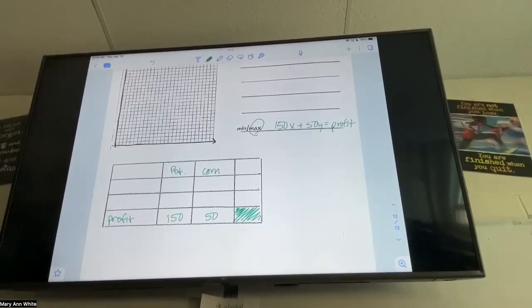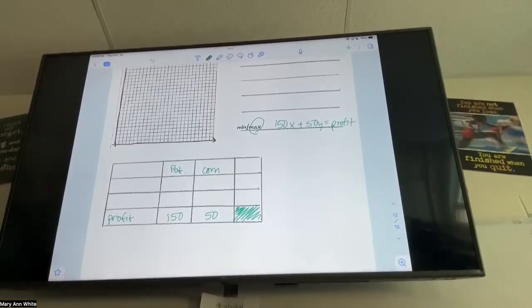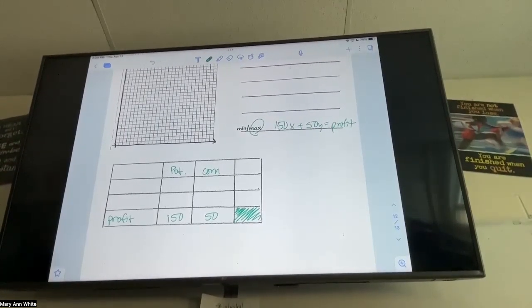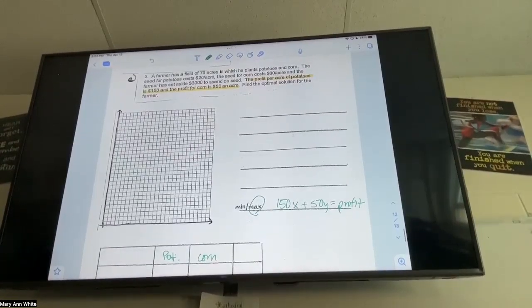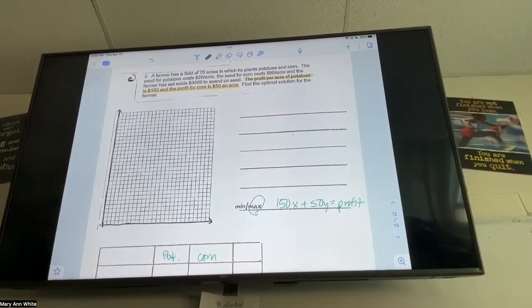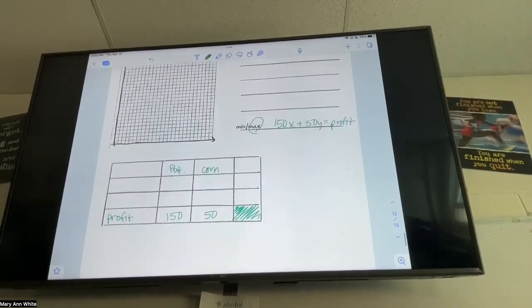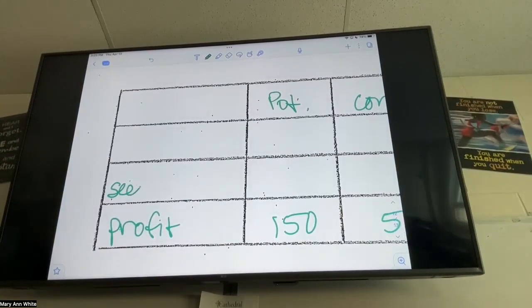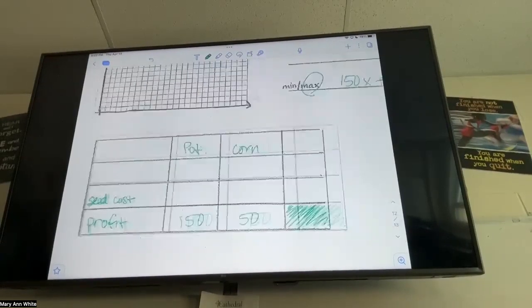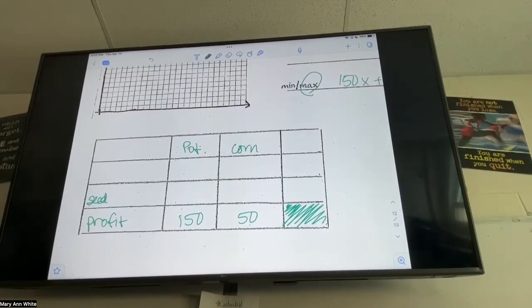Now, if we know that potato and corn are our columns, we have to fill in the other rows. What's one of my labels for one of my rows, you think? Cost, we can do that. I'm going to specify and call it seed cost because we've been doing cost just by itself. Actually, I should do that in a different color.